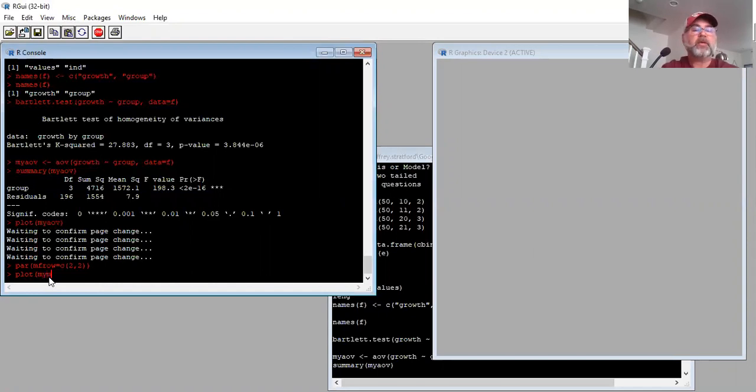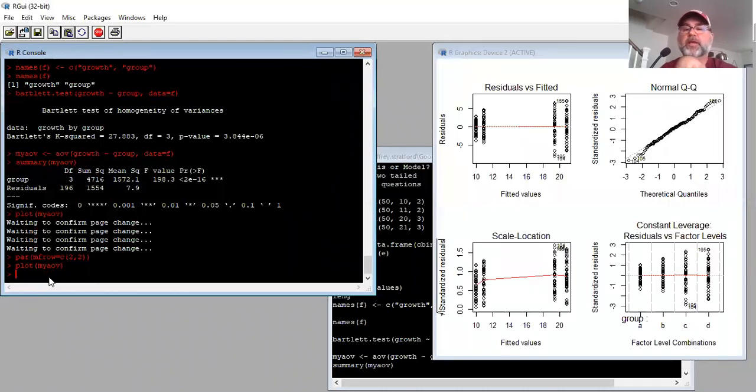So I'm going to plot my AOV, and it throws them all up there. And now you can take this and put that into a report. It's pretty handy. And those are your 4 diagnostic charts.